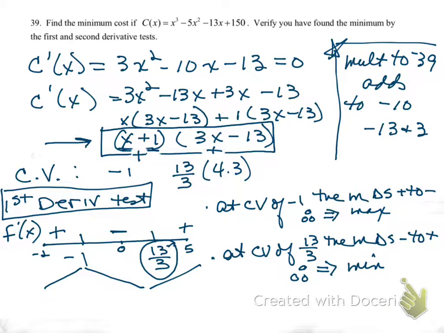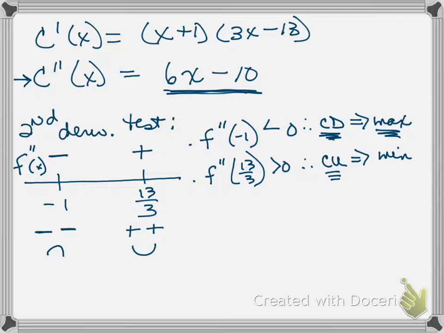Okay, so the cost function was right here. All right, so let me type that over here on the next page. And then this is what we're going to do for our final statement. So I'm going to plug in my cost function. So I really want C of 13 over 3.